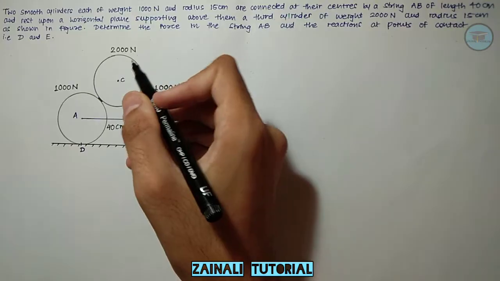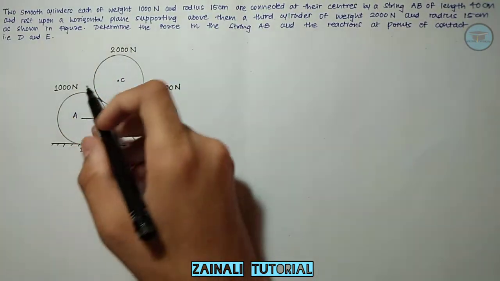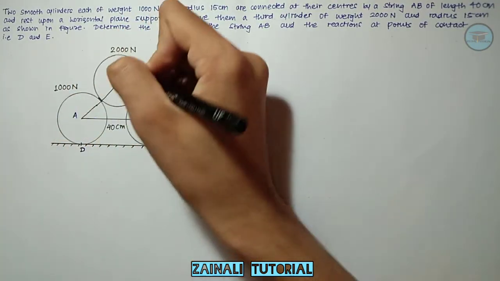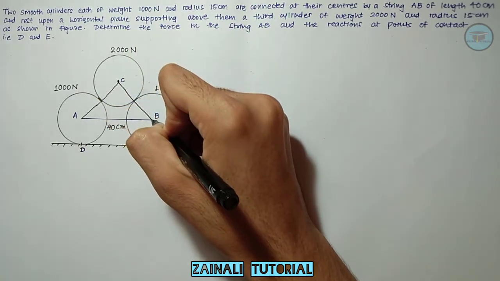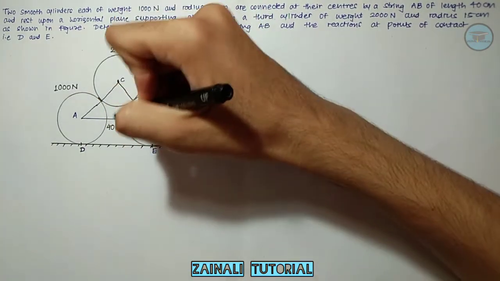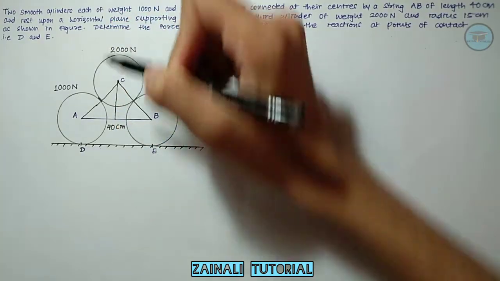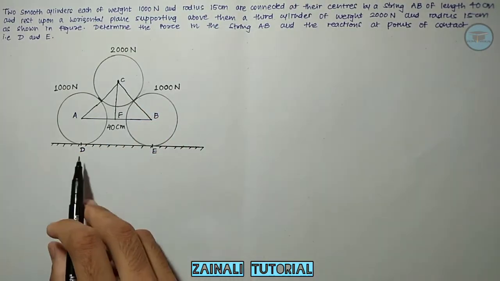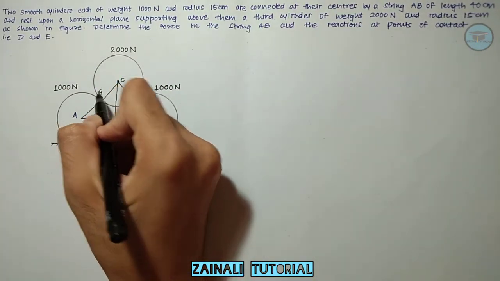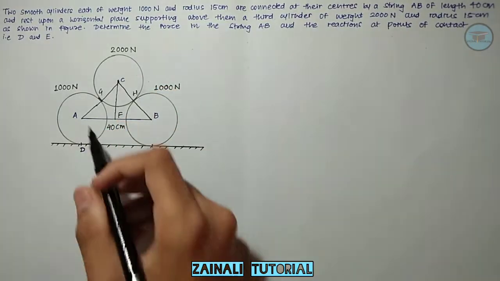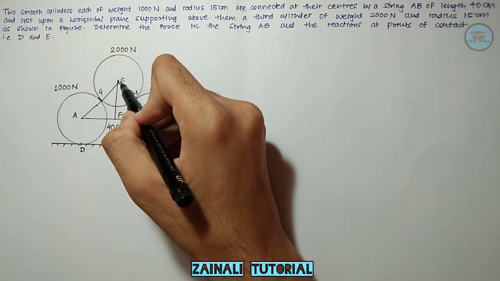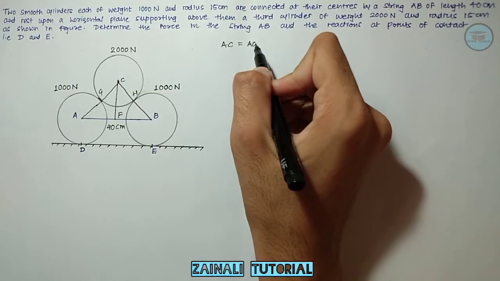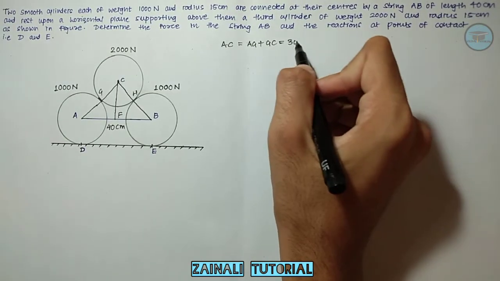So first of all, let us find the angle with the vertical. For that we need to join these two points AC and CB. Let us drop a perpendicular, name it as F. This point is G and this point is H. AG is given as 15 centimeter and GC is also 15 centimeter. From this we can determine AC equals AG plus GC, that is 30 centimeter.